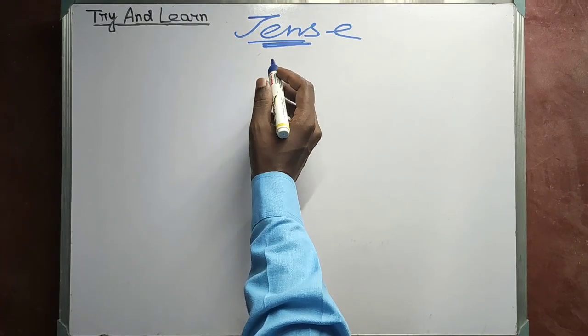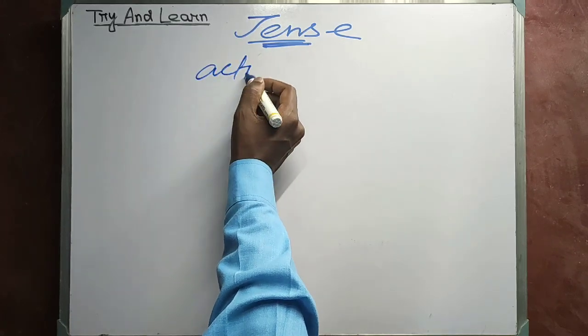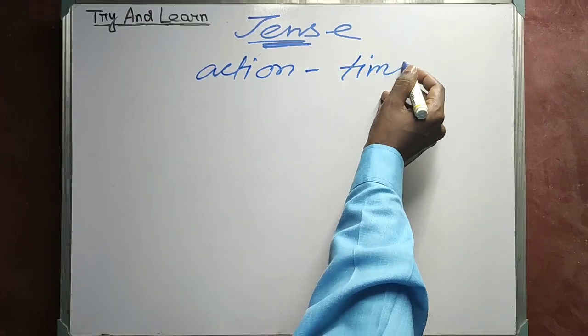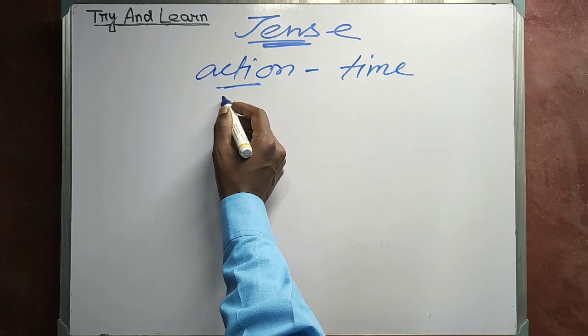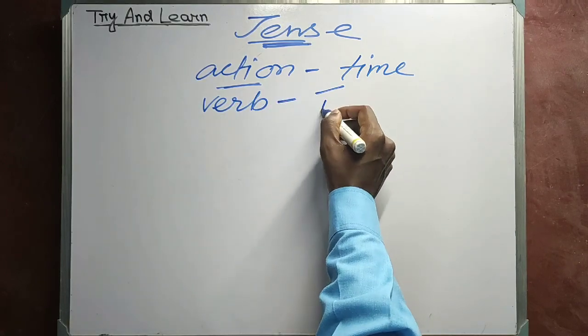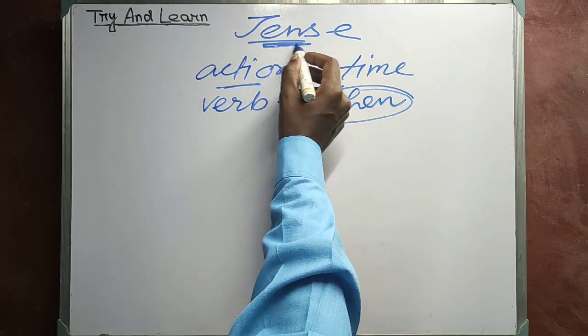Let's start. At first we should know that every action has its own time. Action means verb. When the action happens, that time is called its tense.